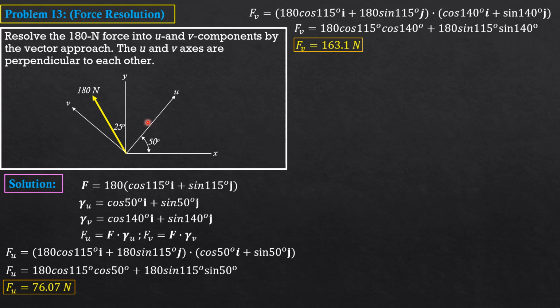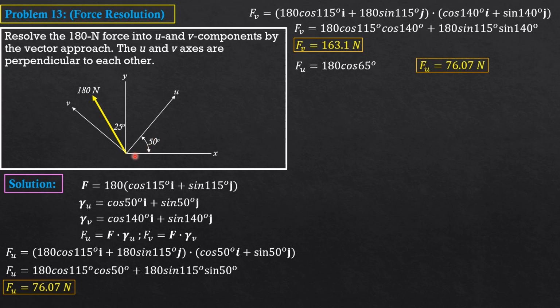So Fu is 180 cosine of 65, another way of computing Fu using the right triangle. So Fu is 76.07 newtons.